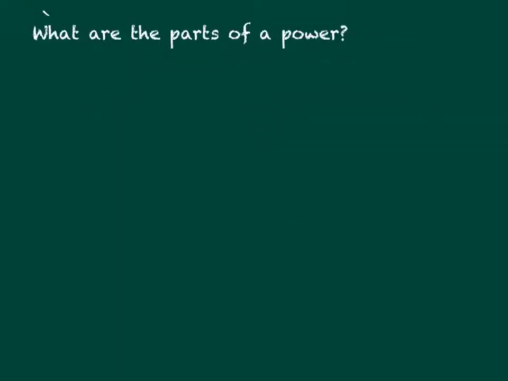Okay, so now that we've defined what a power is, let's look at the parts of a power. First of all, there are two parts. The first part is called the base. The base of a power is the factor.